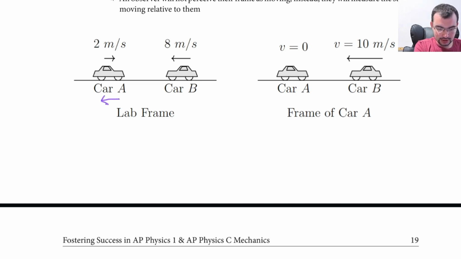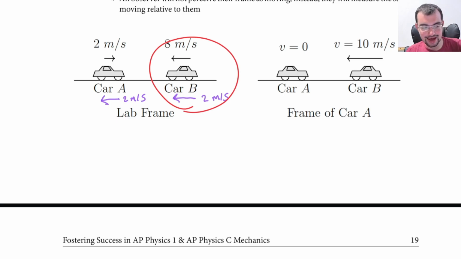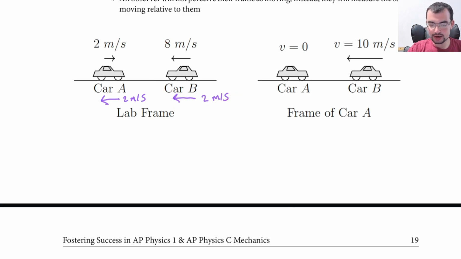So I'd boost car A 2 meters per second right, and I would boost car B 2 meters per second right to enter car A's frame. So notice that as a result, I get 2 left, 2 right. Velocities cancel because they're vectors. Left and right cancel. And then 8 and 2 add to make 10. And that makes sense because if you're entering car A's frame of reference, it should see car B traveling at it faster because this is going to be a head-on collision.